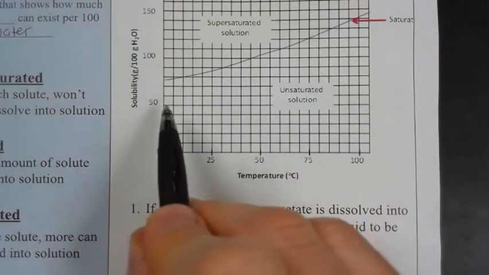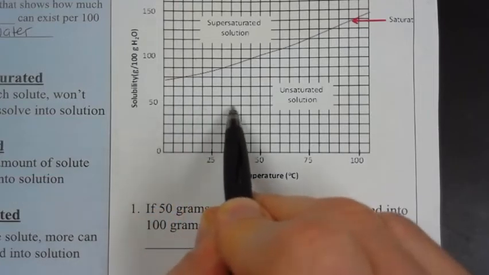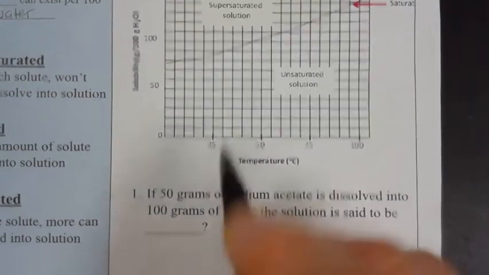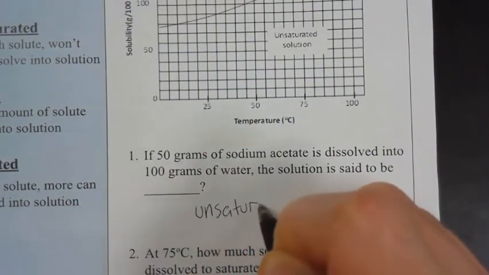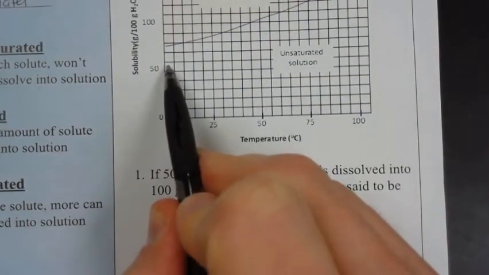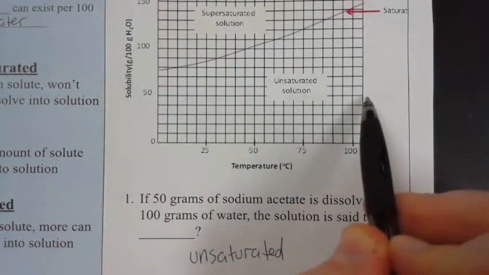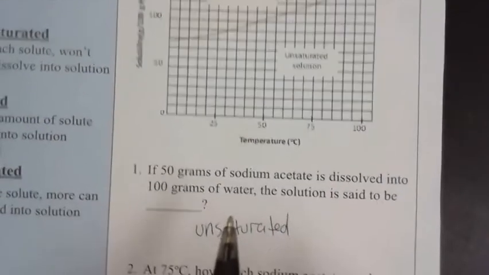And for all temperatures at this 50 gram mark, no matter what temperature we're at, we're underneath this curve. So no matter what, our solution is said to be unsaturated. So even at our coldest temperature, we could still dissolve about 20 more grams of solute. And at our highest temperature, we could get all the way up to about 140 grams of solute. Right?